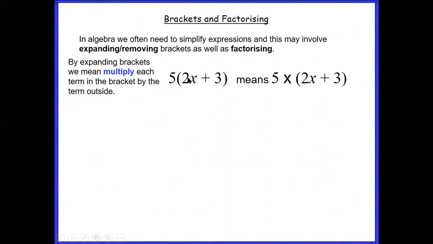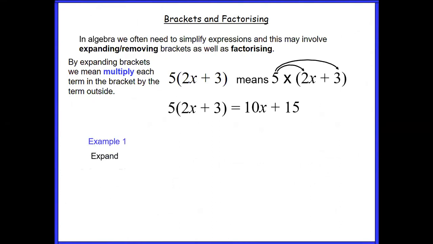So if you have here 5 and in brackets 2x plus 3, that means 5 multiplied by 2x plus 3. You do the 5 times the 2x, then the 5 times 3. So 5 times 2x is 10x, 5 times a positive 3 gives you a positive 15.